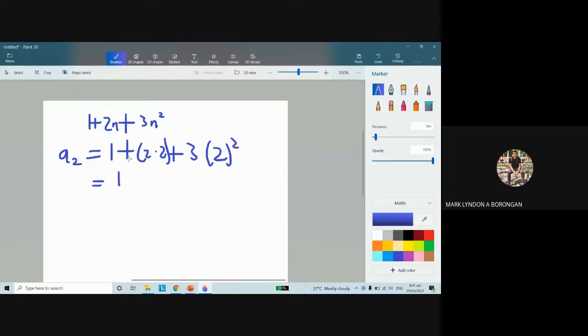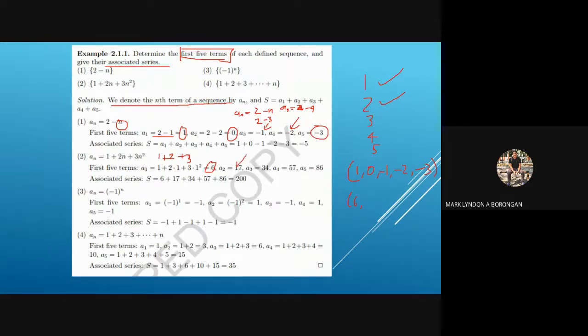So that will be 1 plus, 2 times 2 is just equal to 4, plus 3 times 4. Right? Because 2 squared is equal to 4. Adding 1 plus 4, that will be 5. And then 3 times 4, that is just 12. Simplifying them both, you'll get 17, which is correct. So our second term will be 17.